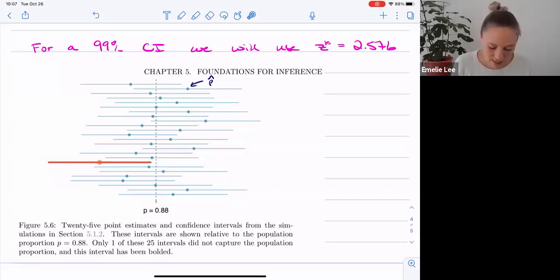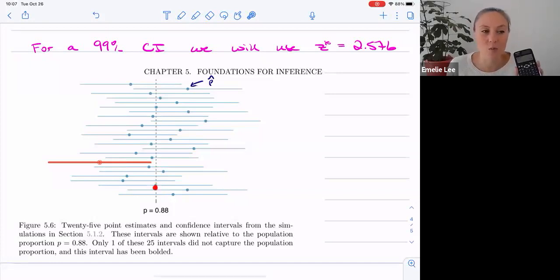Notice that even though some of these sample proportions are quite a ways off, once we build our interval around it, it still captures the population proportion. There's only one that doesn't, 1 out of 25. Or rather, 24 out of 25 did capture it.